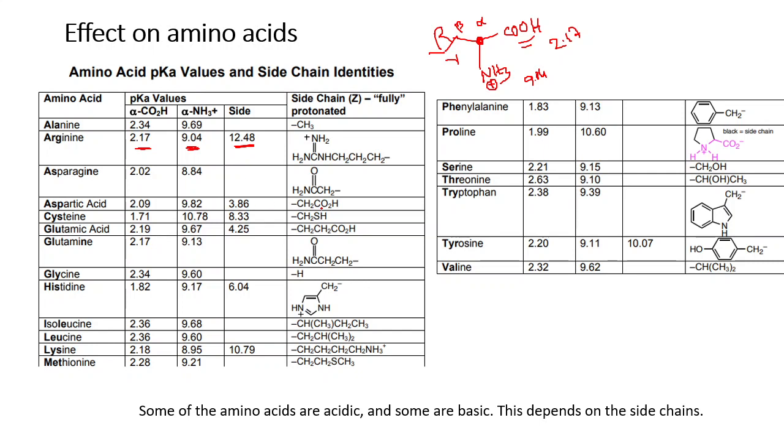Similarly, aspartic acid has an acidic side chain that has a considerably low pK, and so on. All the pKs are provided. It gives you an idea of how some of the amino acids are acidic and some are basic. For example, arginine's pK is so high, it is a base.